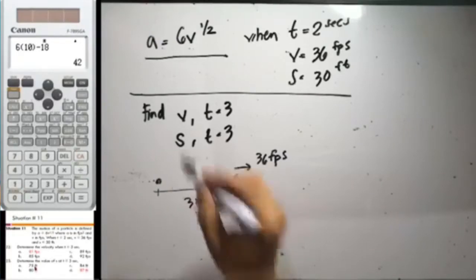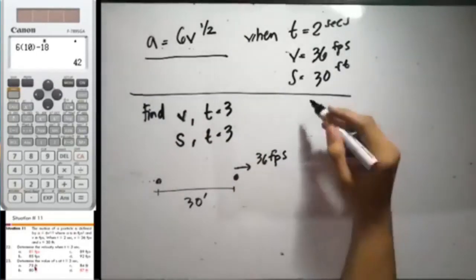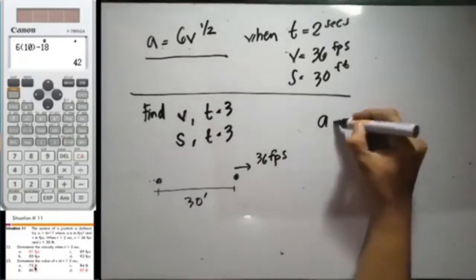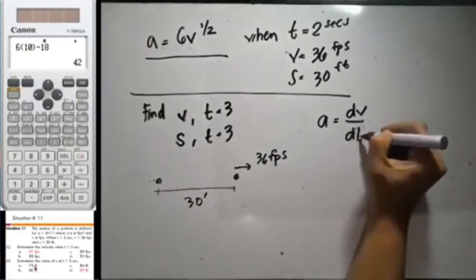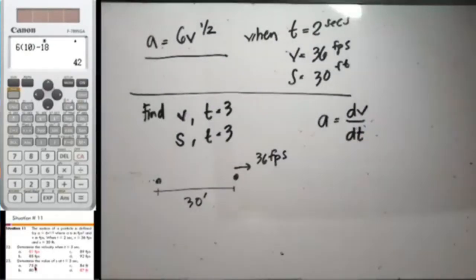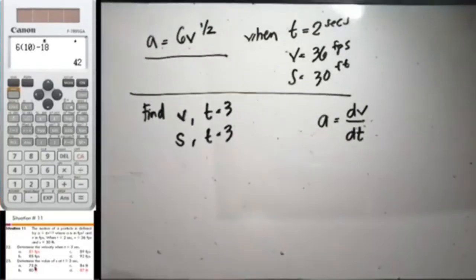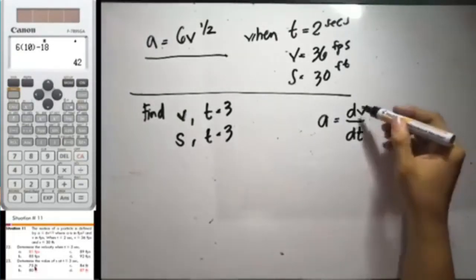Ngayon, kailangan ko ng velocity when time equals 3 seconds. Alalahanin mo lang, meron ka acceleration. Doon ka magsimula. Alam mo, acceleration is change in velocity over time. Edi, kailangan mo velocity.